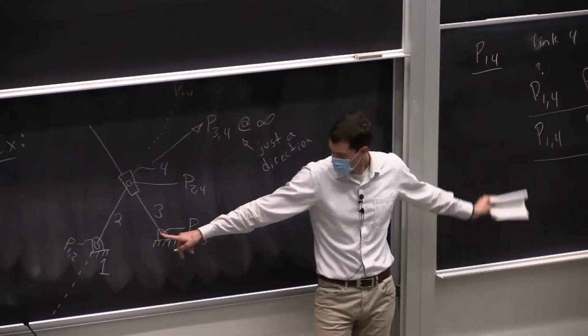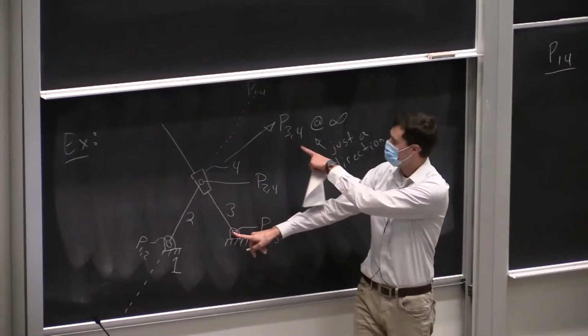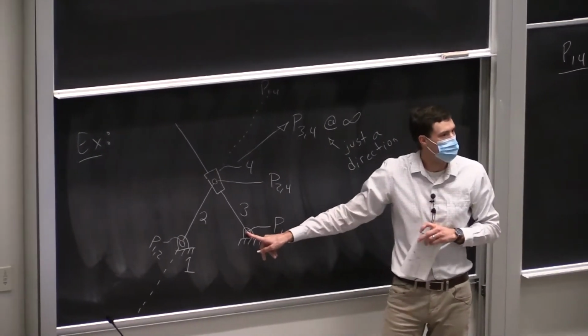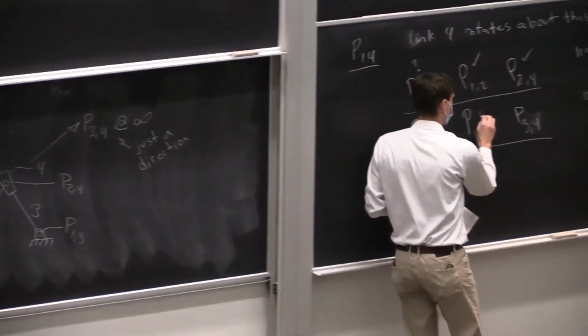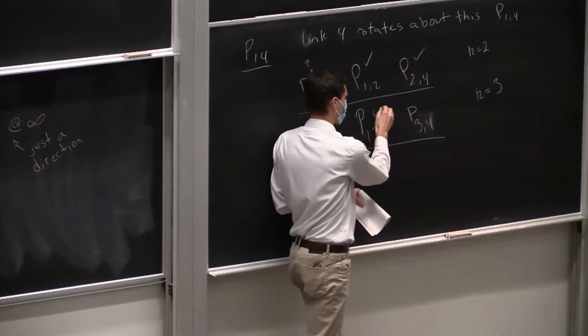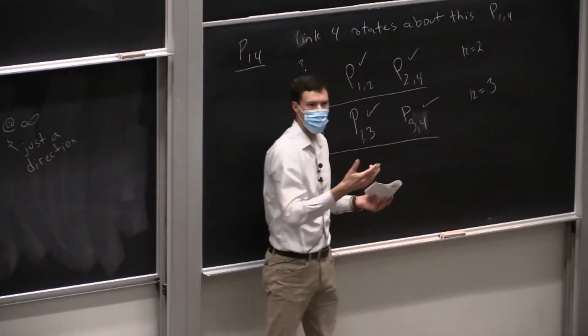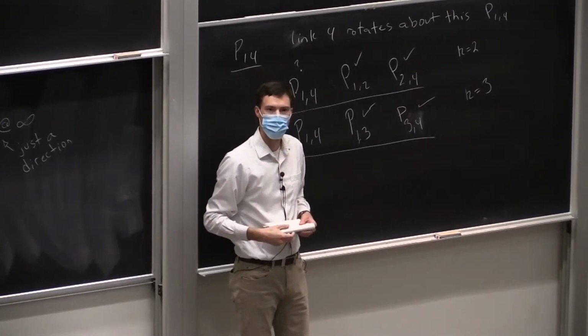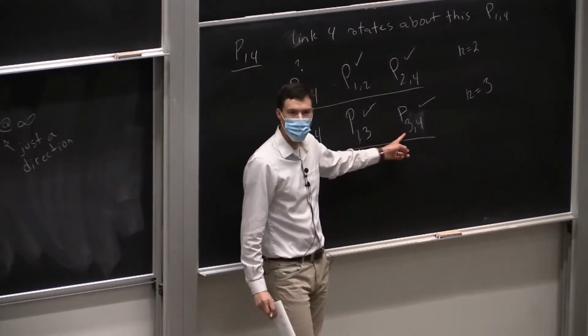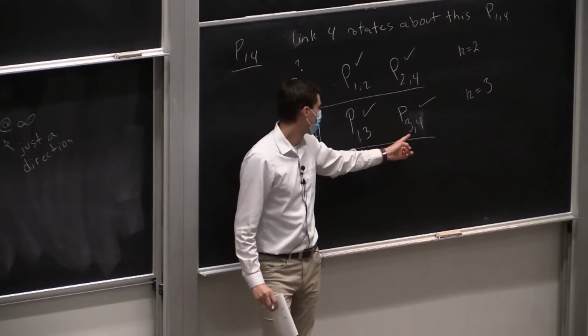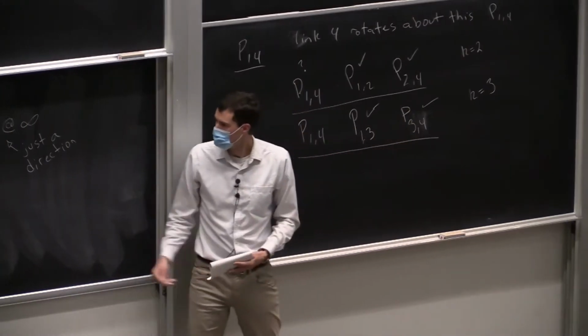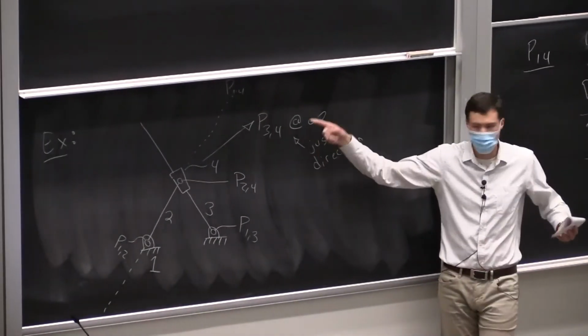And P34. P34 is a weird one, right? So the question is, we know that one for sure, check mark. P34 we kind of know. We know its direction. So the question is, can you draw a line connecting P13 and P34? And yeah, we know the direction, right?